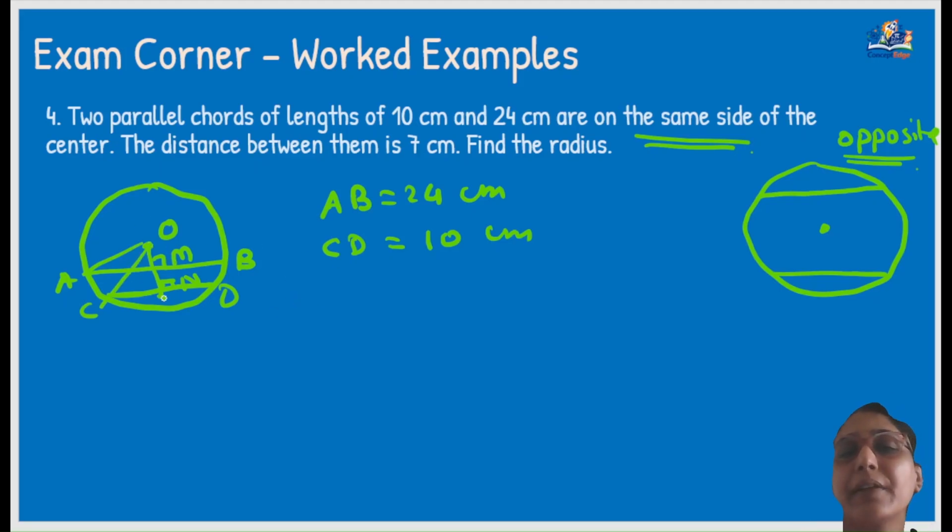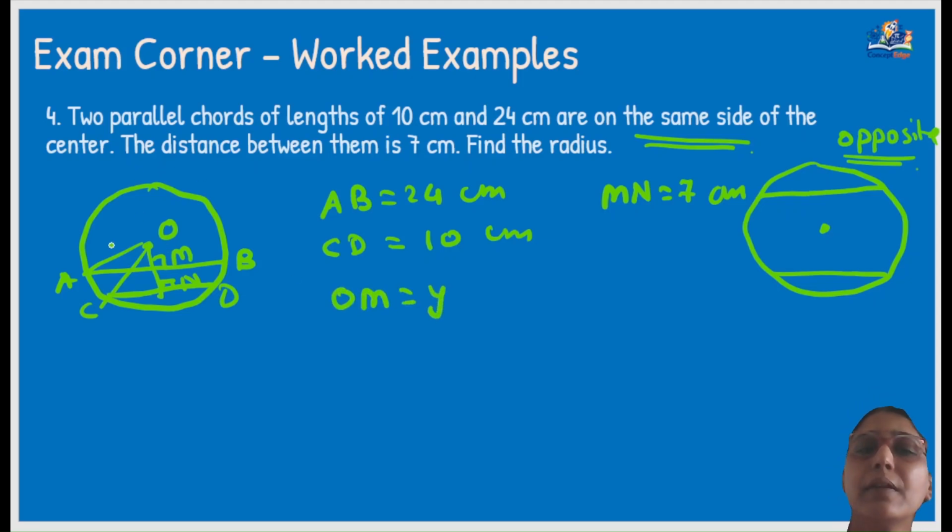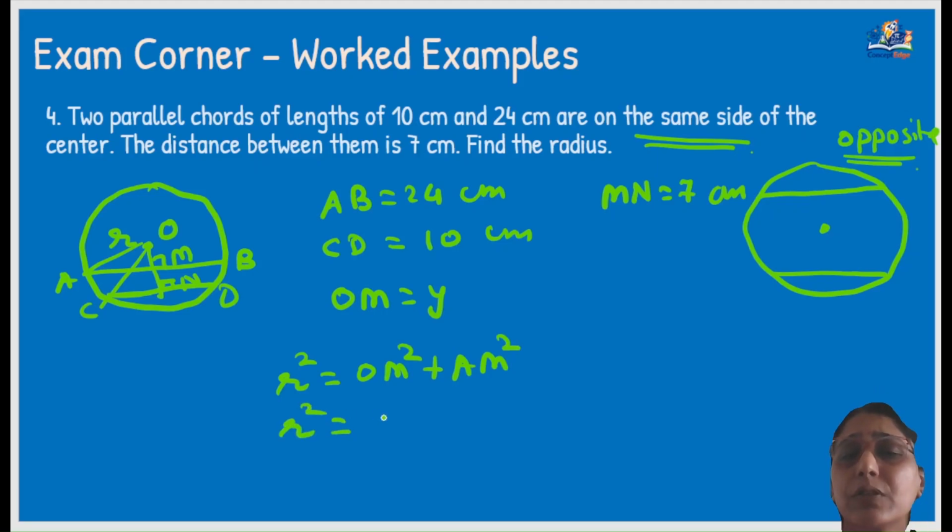Now I have been given MN equals 7 centimeters. If I take OM as y and the radius as r, then I know that r squared equals OM squared plus AM squared. Now r squared equals y squared plus AM, which is half of AB. This gives me 12 squared.